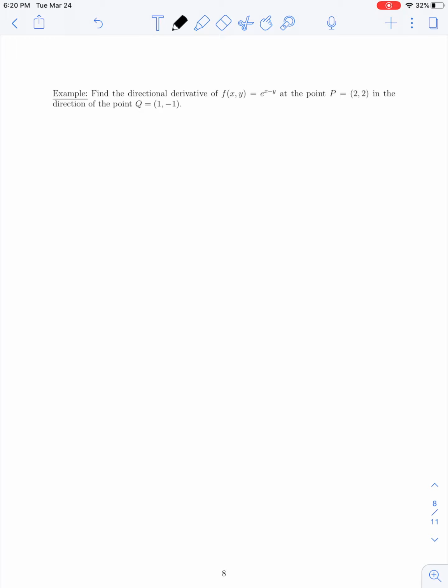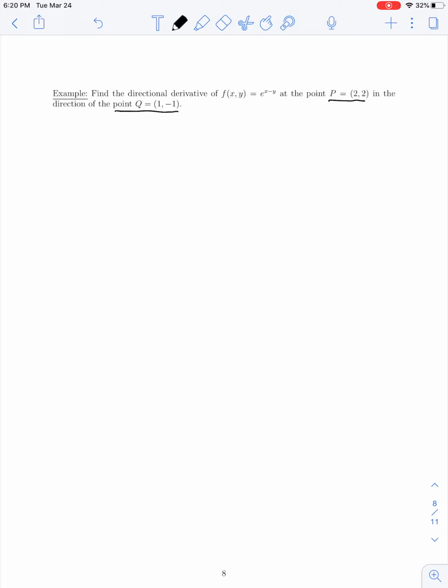In our next example, again, we are asked for the directional derivative of this function at the point P, given by 2, 2, and moving in the direction of the point Q, 1, negative 1.